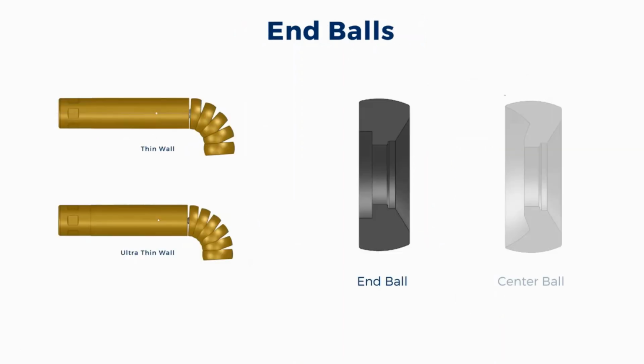As previously noted, with thin wall and ultra thin wall mandrels, there are now 2 different ball configurations used to provide the best support. In the thin wall and ultra thin wall mandrels, the shape of the end ball is made different as it does not move as much as the other balls, and it sees higher pressures being near the forming area and does not need to nest with the shank.